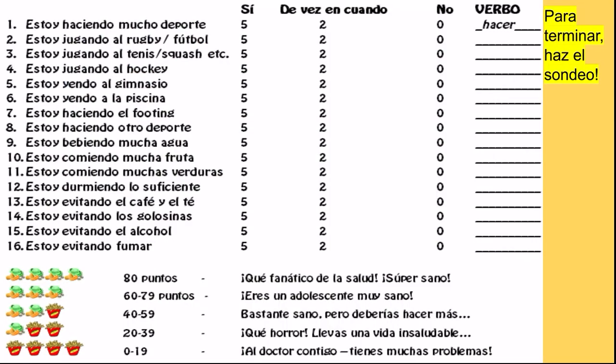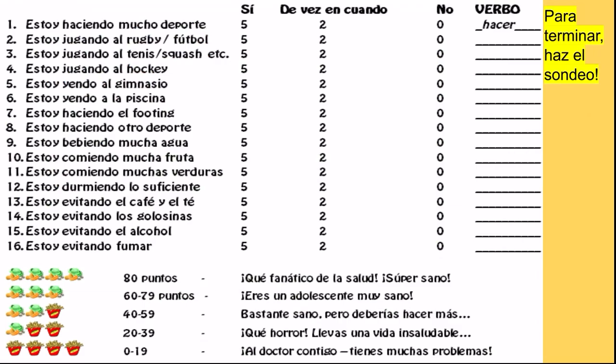And one last little activity as well is you can pause the video here and you can actually work out how healthy you are. So what you're trying to do is work out your points based on how often you do an activity. If we do the first one together, the first one says, estoy haciendo mucho deporte. I'm doing a lot of sport.